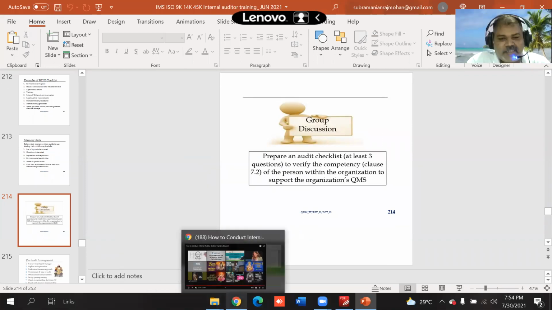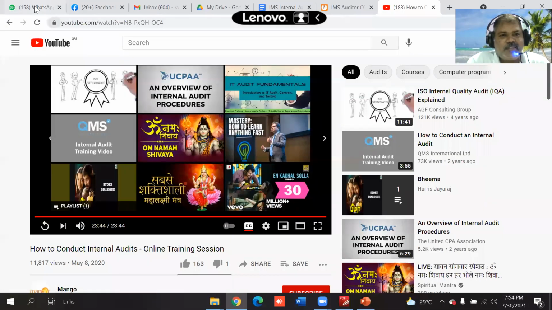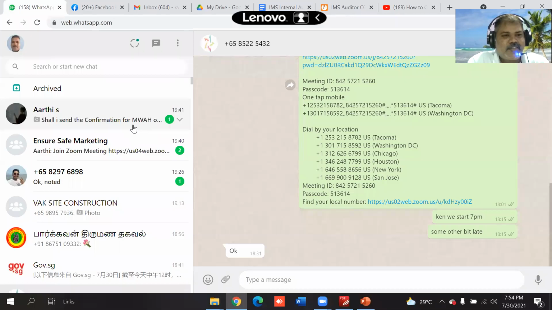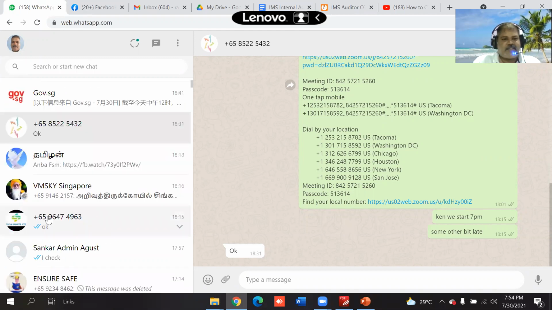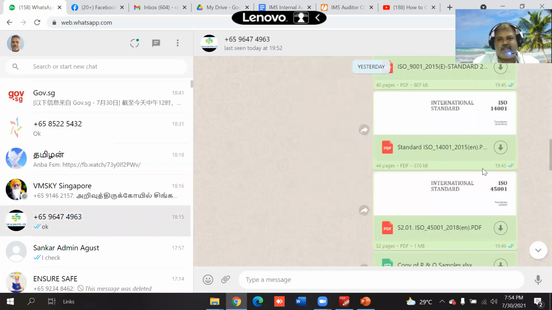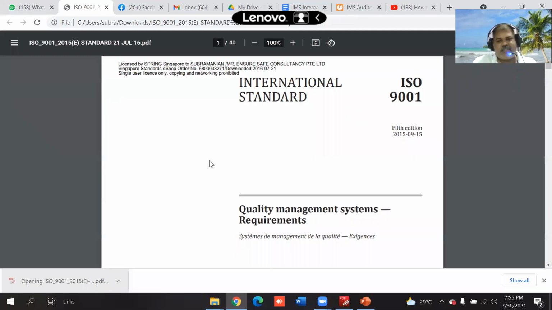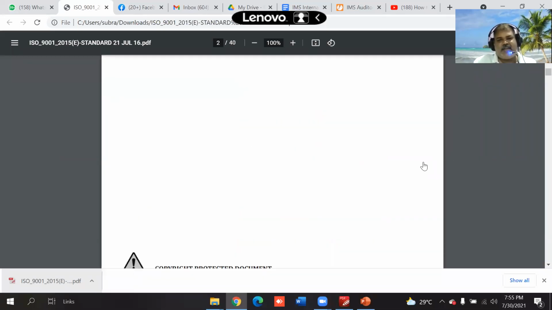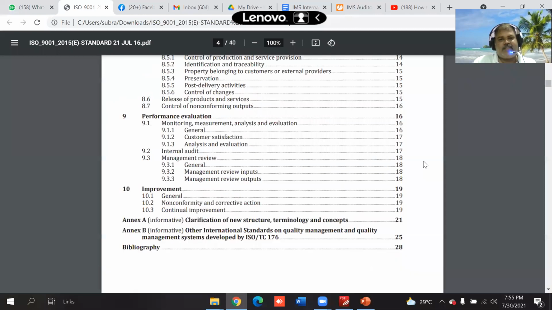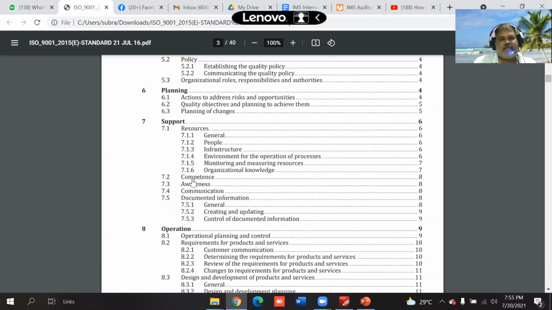If let's say your 9000 checklist, so competency, I think it's more or less the same everywhere. It's kind of a checklist we need to ask under competency, right, 7.2.